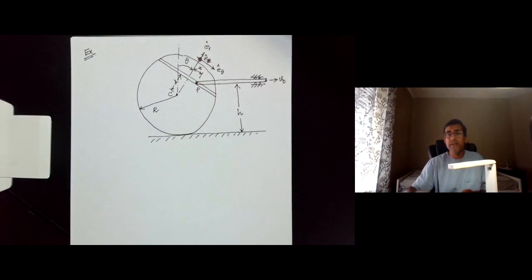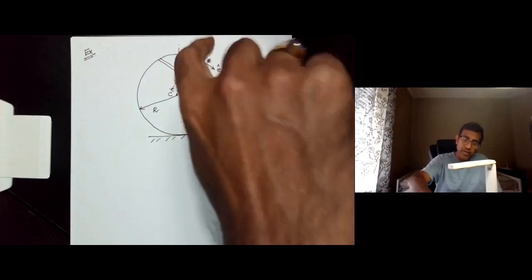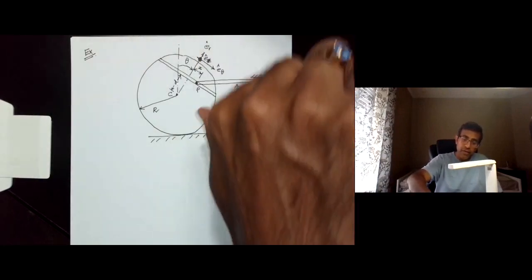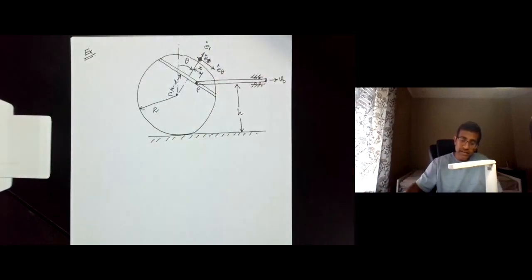EB is typically used for normal tangential. We are using the r theta, or the cylindrical coordinate frame. So EZ is going to be in the direction of ER cross E theta. So if you curl the fingers of your right hand from ER to E theta, then EZ is pointing downwards. So that's the direction of EZ.